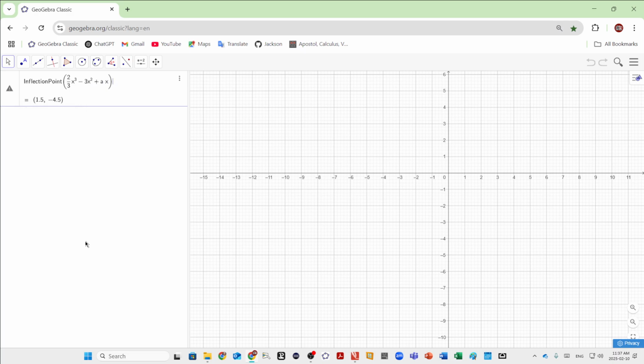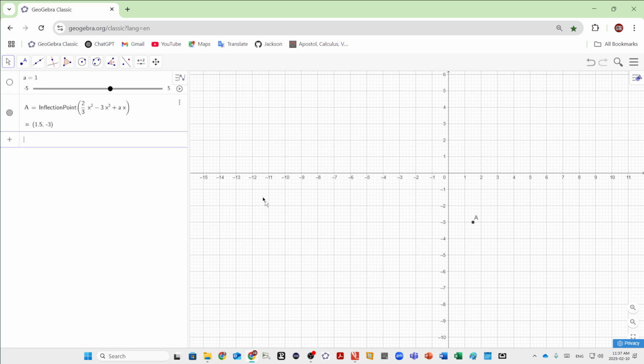Okay, I don't know why GeoGebra gives me an answer, but that's correct. Now, because you know that GeoGebra cannot give you an answer, because a is missing, GeoGebra instead does a point. This is the point that you see, the inflection point of this function depending on what a is.